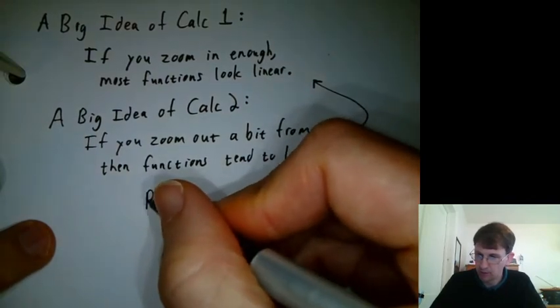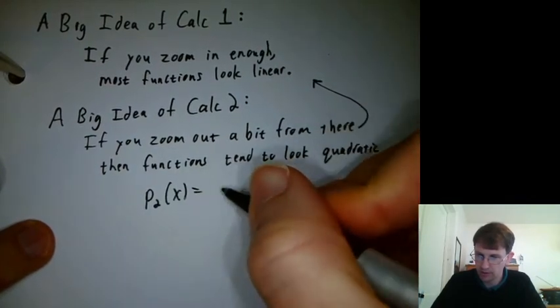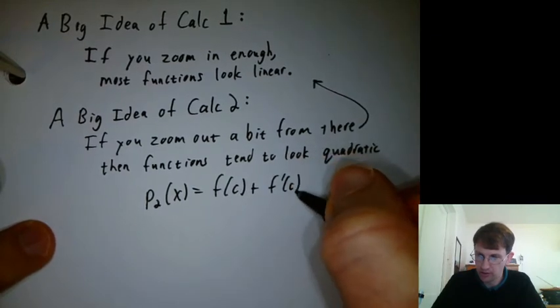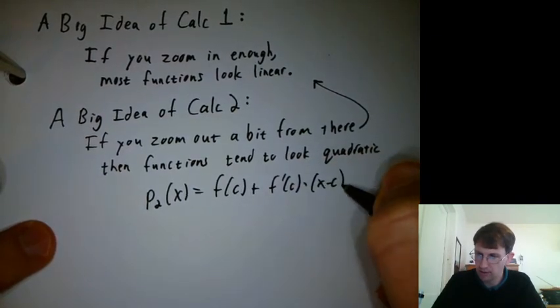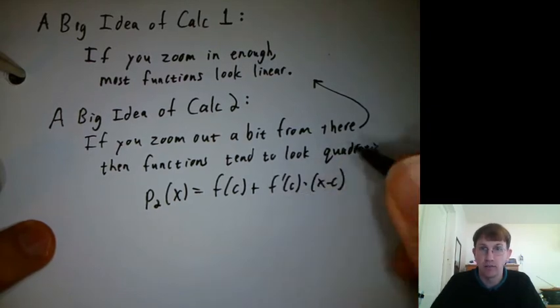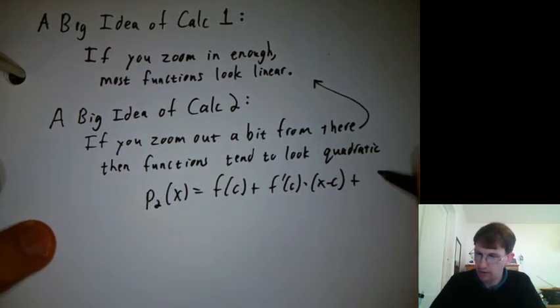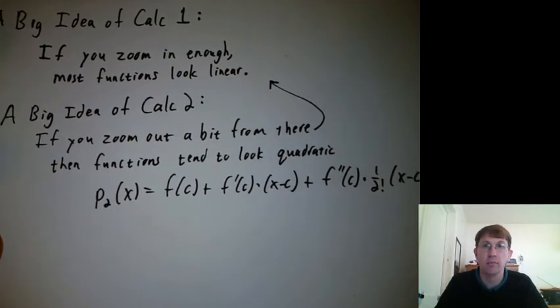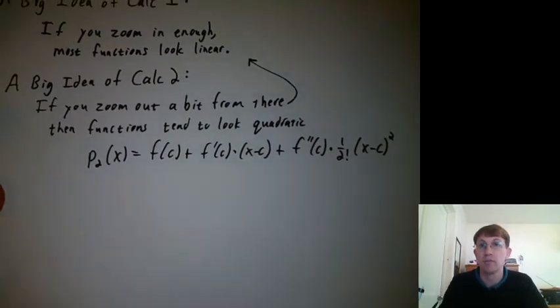So we're saying P2 of x equals f of c plus f prime of c times x minus c. That was our tangent line formula, plus now f double prime of c times 1/2, or 1 over 2 factorial, x minus c squared. So there's our parabolic term. And then, if you zoom out a bit from there, what tends to happen?